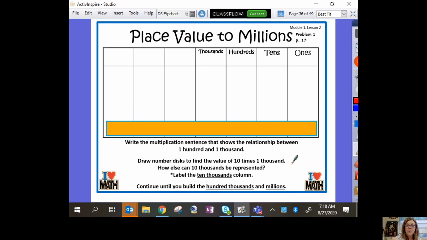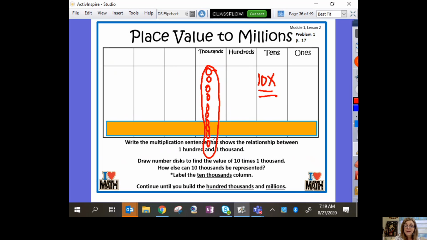So I'm going to draw 1,000 in my thousands place. And remember, if I want 10 times that 1,000, I'm going to represent it here. 2, 3, 4, 5, 6, 7, 8, 9, 10. I'm going off the chart a little bit, but that's okay. Now I can bundle this because that's 1,000, 2,000, 3,000, 4,000, 5,000, 6,000, 7,000, 8,000, 9,000, 10,000.